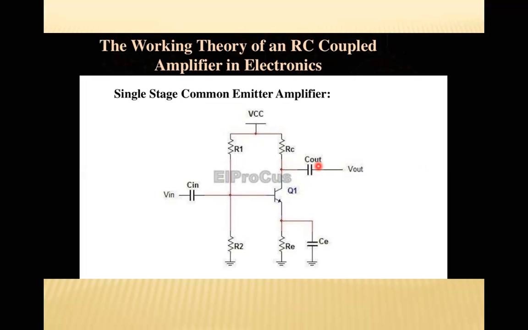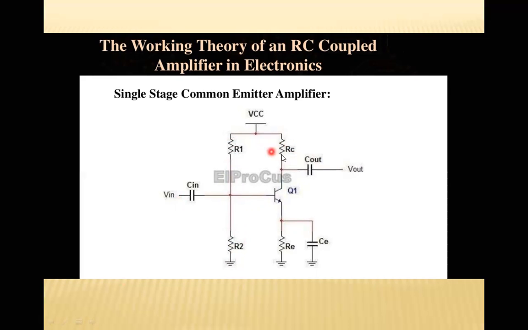Now you can see here in this figure, this is the input, the area where we are going to give an AC signal between this point and the ground. These R1 and R2 are the two resistances for the proper biasing of the transistor.